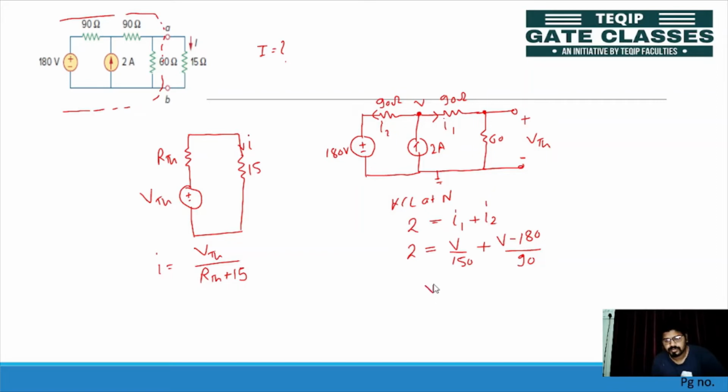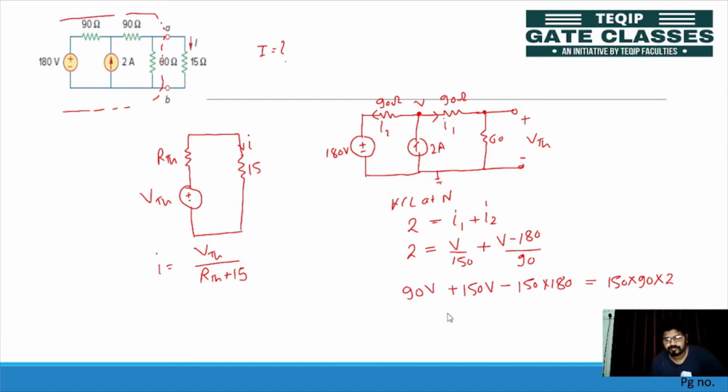So you can calculate V from here. 150V plus 90V minus 150 into 180 is equal to 150 into 90 into 2.